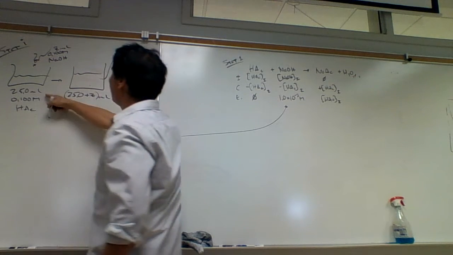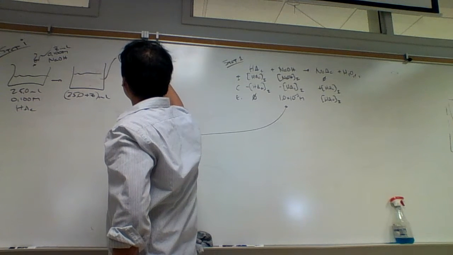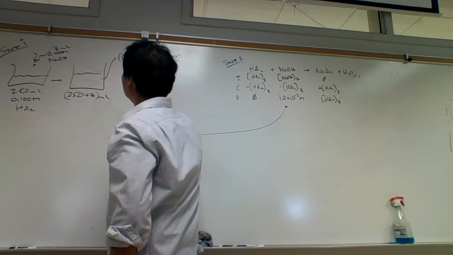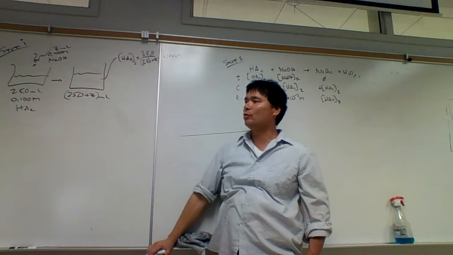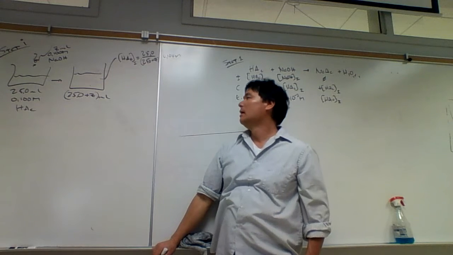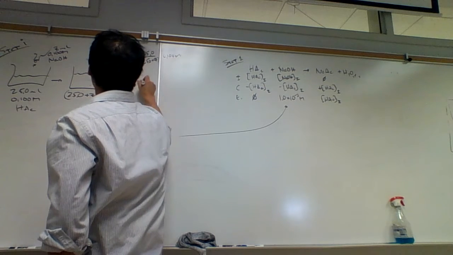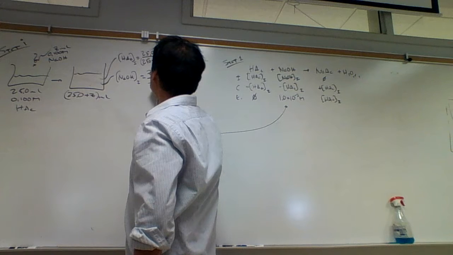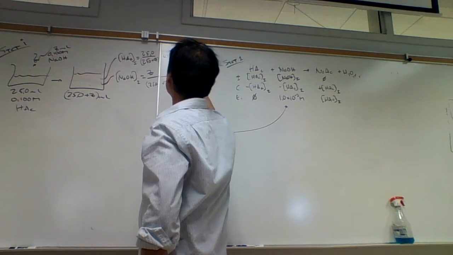The new concentration of acetic acid is going to be a 25 to 25 plus Z dilution of 0.100 molar. This is what we call the initial acetic acid after solution dilution, but before reaction. That goes in step 1. And then I need to figure out the initial sodium hydroxide here after solution dilution. The sodium hydroxide is going to be a Z over 25.0 plus Z dilution of 0.100 molar.